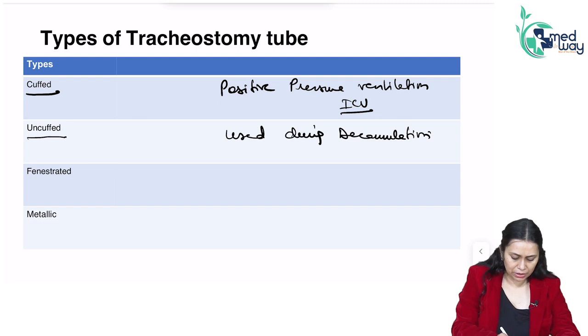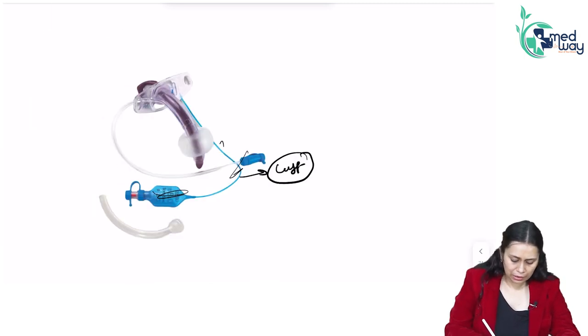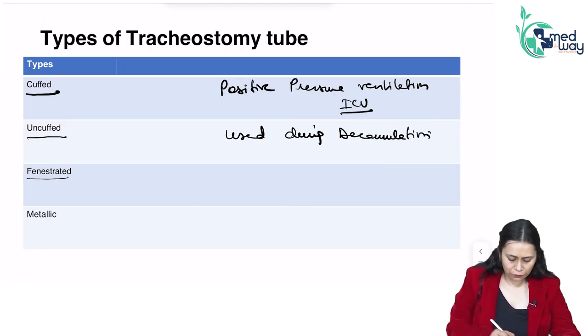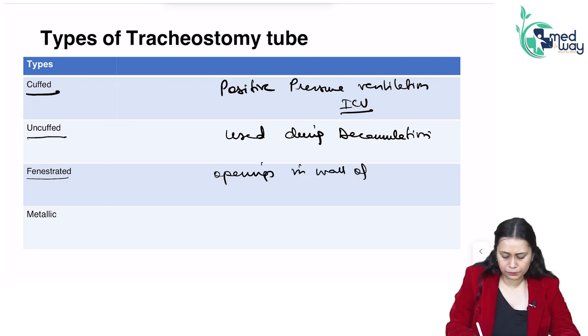Then we have the fenestrated tube. In the fenestrated tube, there are openings in the wall of the tube. This is for the air to pass, and this is used when we are encouraging the patient to speak.